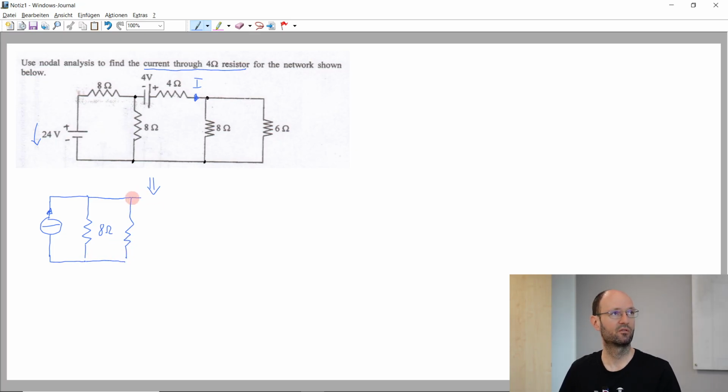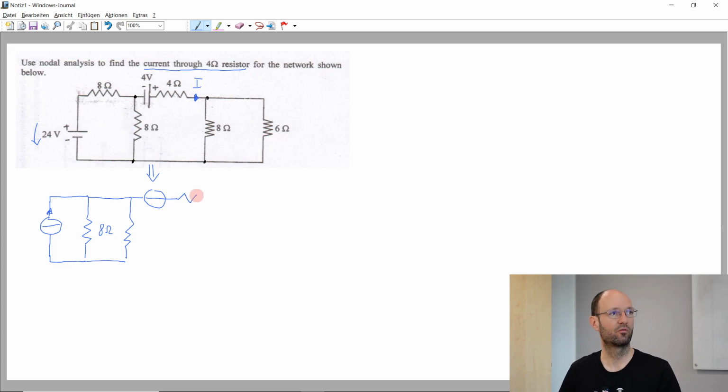Then we have this voltage source. Maybe I need to move this a bit up. So here's our voltage source. I will redraw it using this symbol.